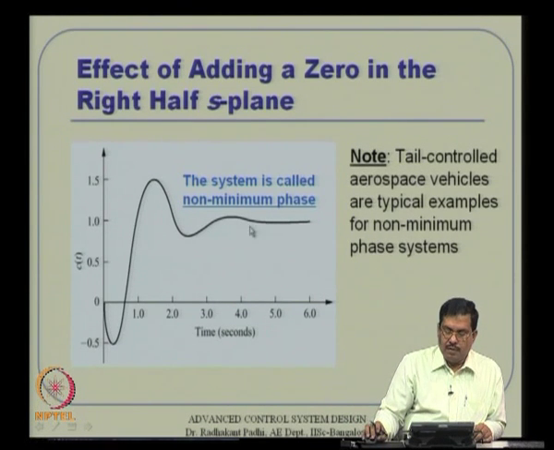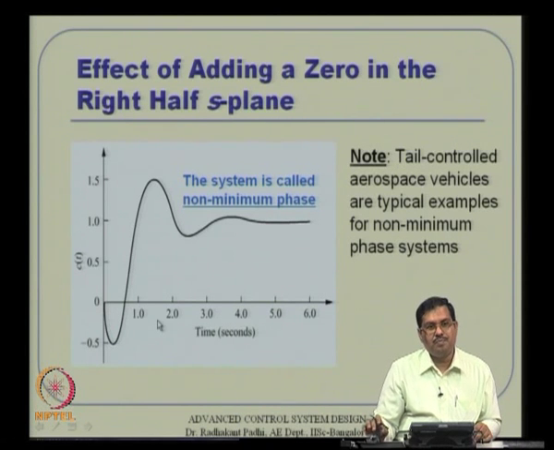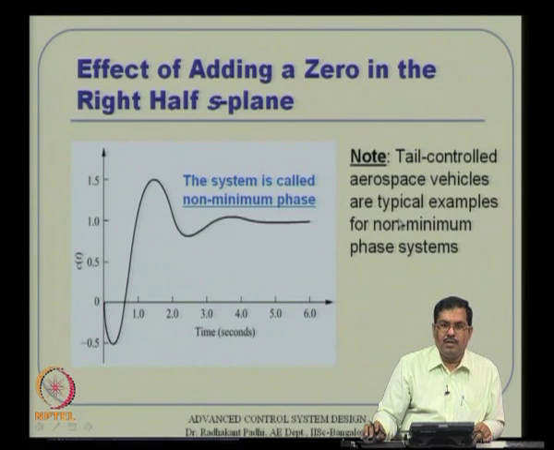If you have a 0 in the right half plane, then for the internal dynamics it will turn out to be a pole in the right half plane, and that is disastrous. That means the internal dynamics will behave in an unstable way, because the 0 will suddenly act like a pole. All these things we will see as we go along.